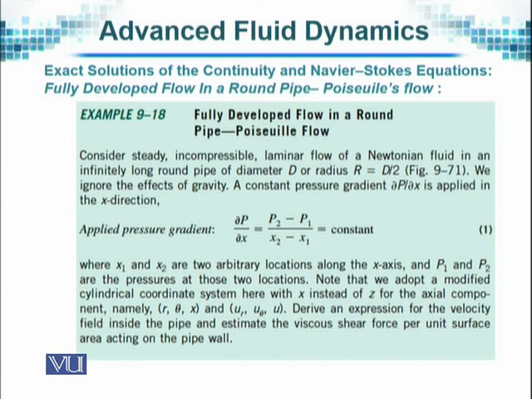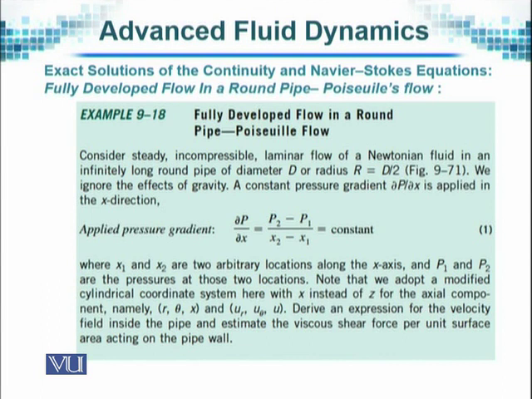A constant pressure gradient dp/dx is applied in the x direction. So the pressure gradient, which will be driving the flow in the x direction, is given by dp/dx equal to (p2 minus p1) divided by (x2 minus x1).